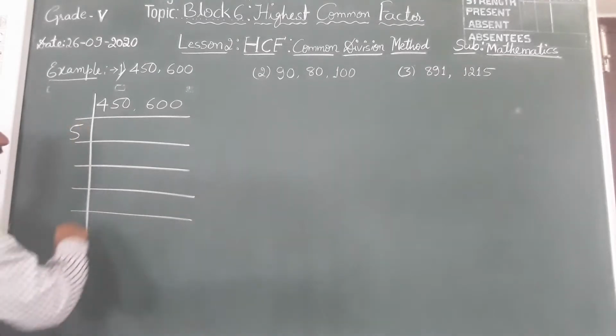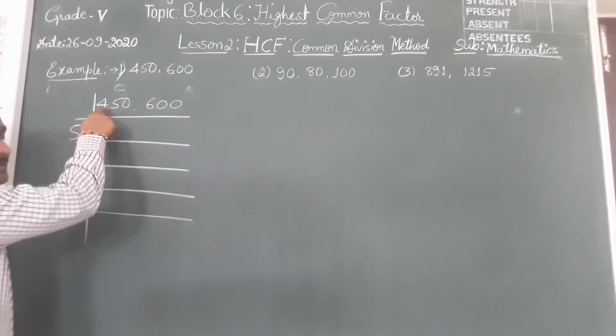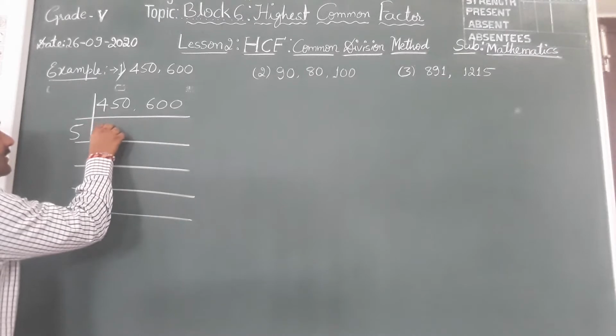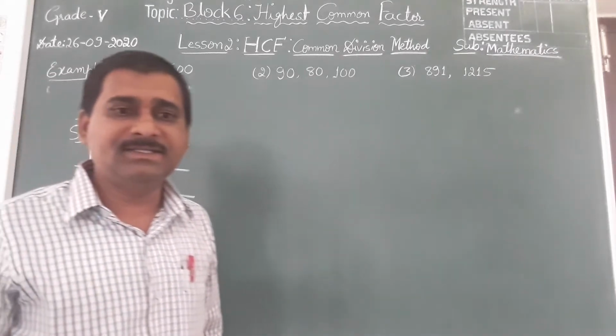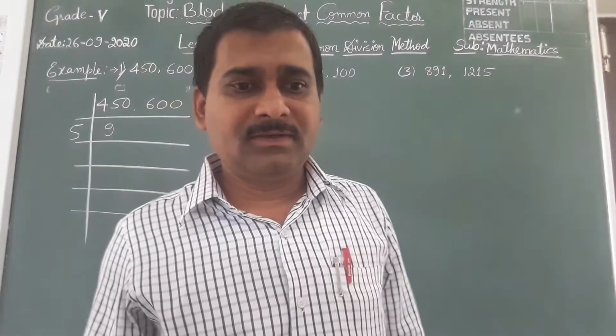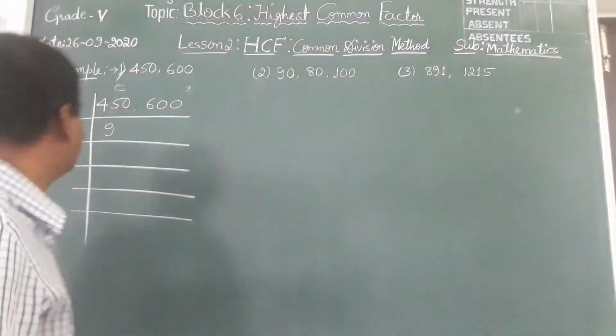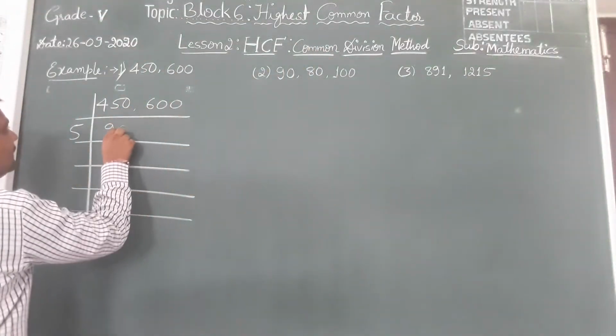Take 5 and divide, children, here. 5 9s are 45 and 0.